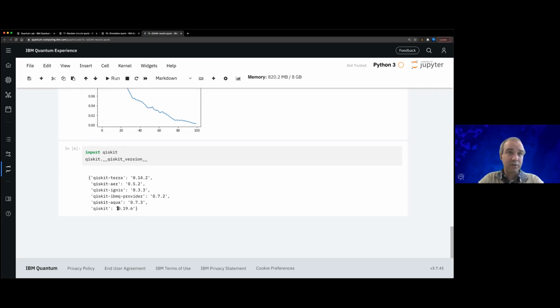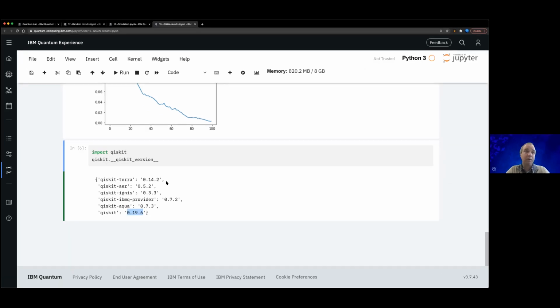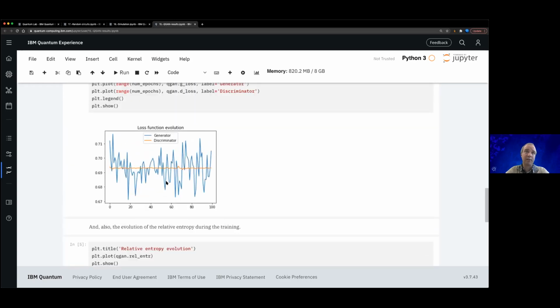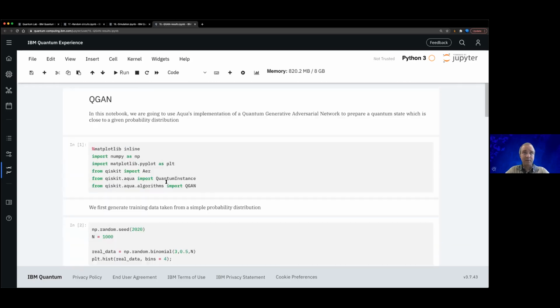For instance, you see here that I was using 0.19.6, while the current one, I think, is 0.23.1 or 2, okay? And this problem has not been corrected yet. I hope that it will be corrected soon. But if you have this older version, or if you install this version in a separate machine or whatever, you can run it and obtain these results, okay?